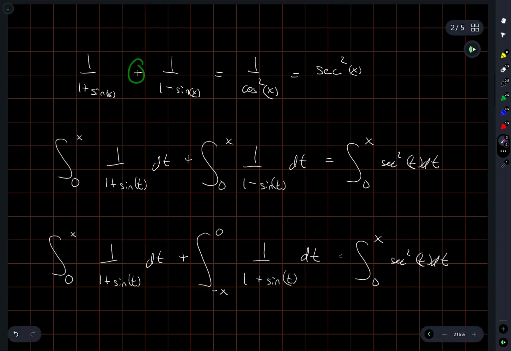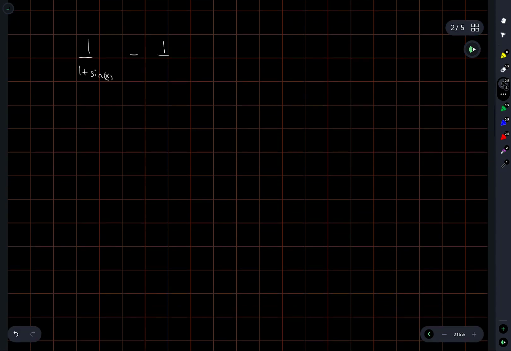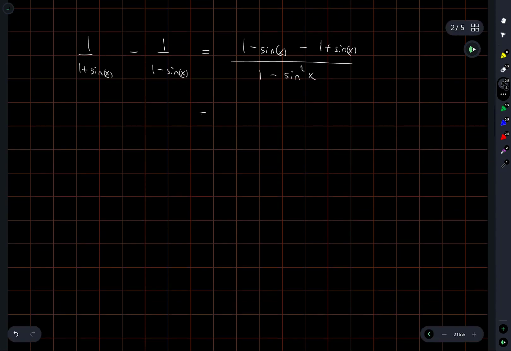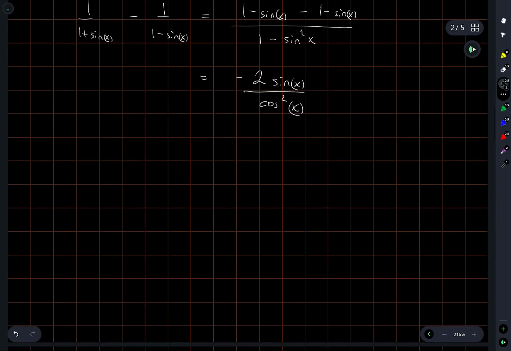What will happen if I subtract here? What happens to this identity? Okay, I get this, which can definitely be integrated. Right, this can definitely be integrated with a substitution, u equals cos x.